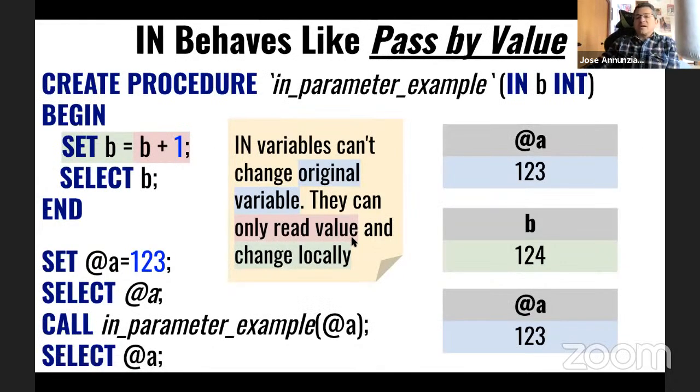All right, so here are a couple of examples of calling a procedure. You have a variable b that has been declared as in. See that? In. And notice that internally it's setting the value of b to b plus 1.